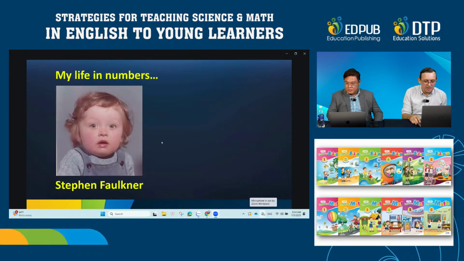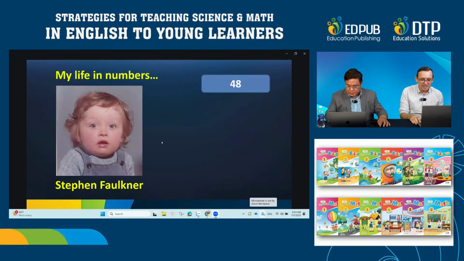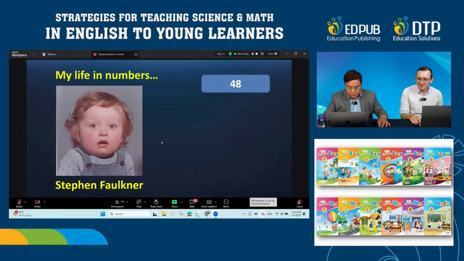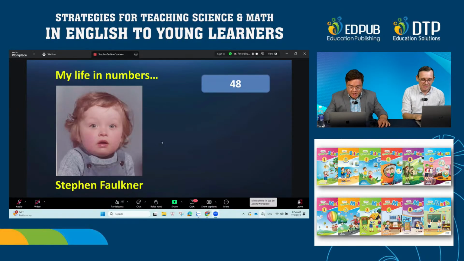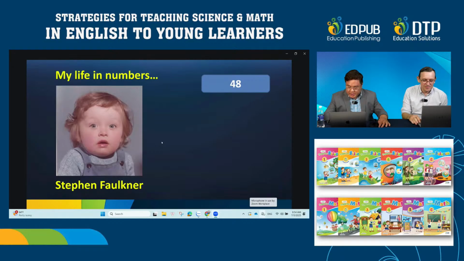I want to see if you can guess what these numbers mean for me, and I'm going to ask Chris to monitor the answers. The first number is 48. Can you guess what this number means to me? Please type in the chat box the answer and guess what is number 48.